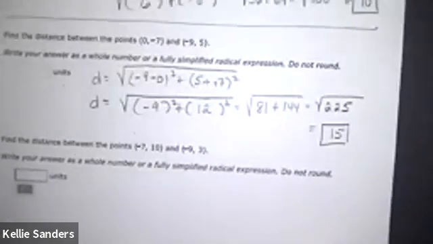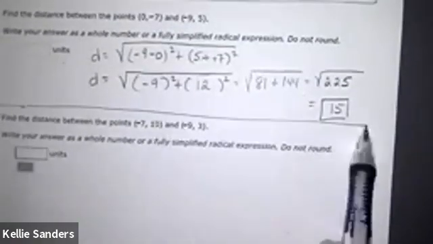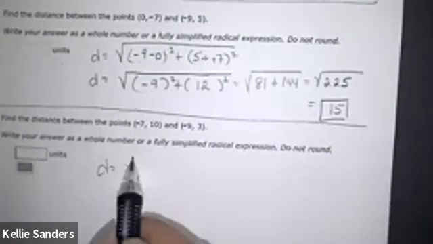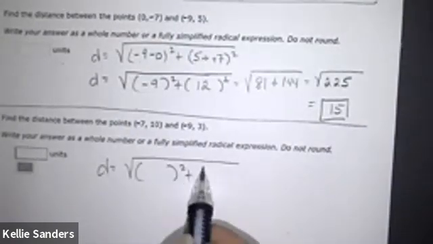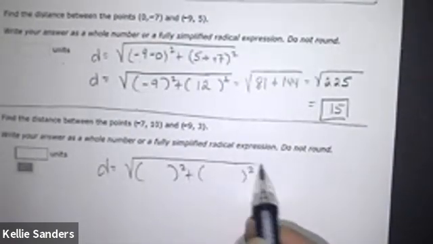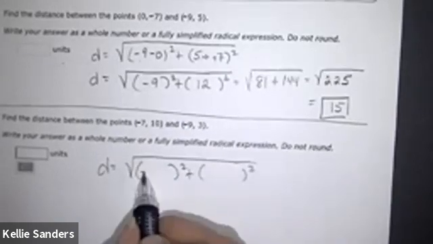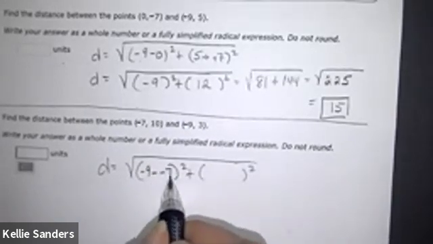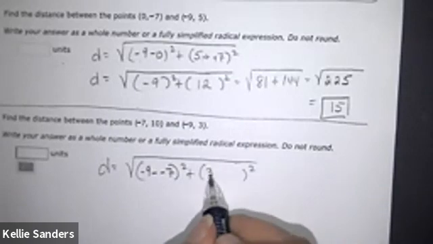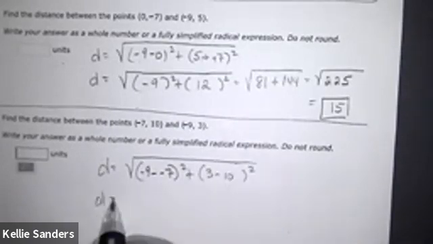And 15 times 15 is 225. -9 minus a -7, 3 minus 10.